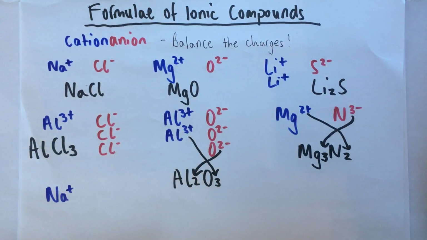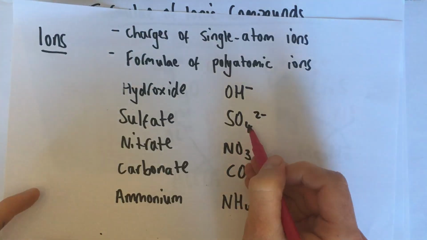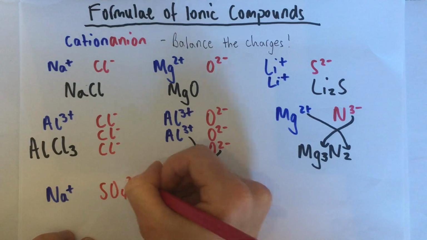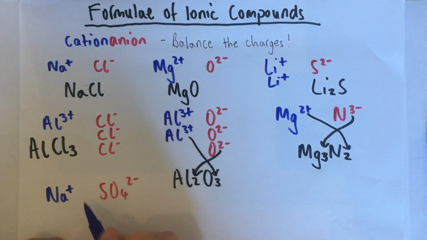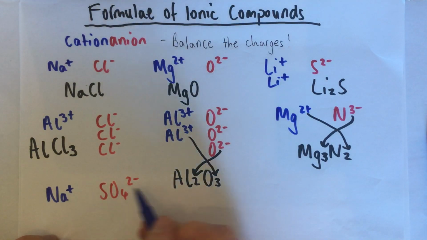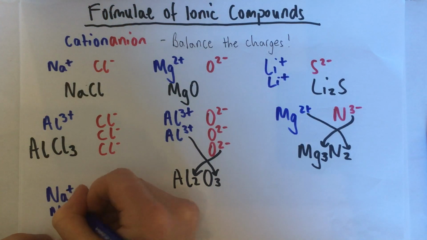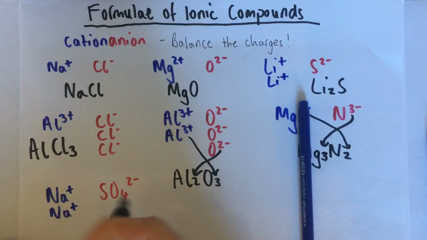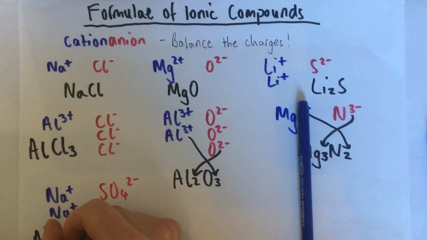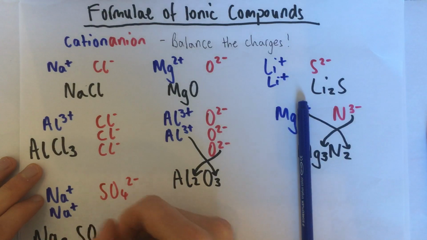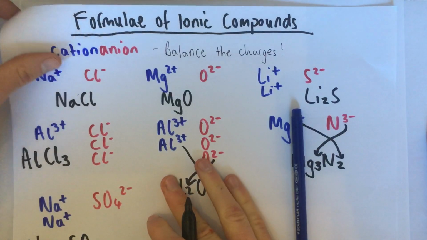And the anion in this case is sulfate, which is SO4 2-. Well, in this case, we need 2 sodium ions to balance that 1 sulfate ion. So if I put in another one of those, the formula is going to be Na2SO4.